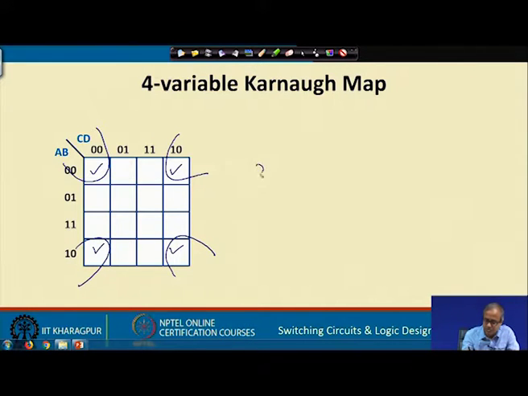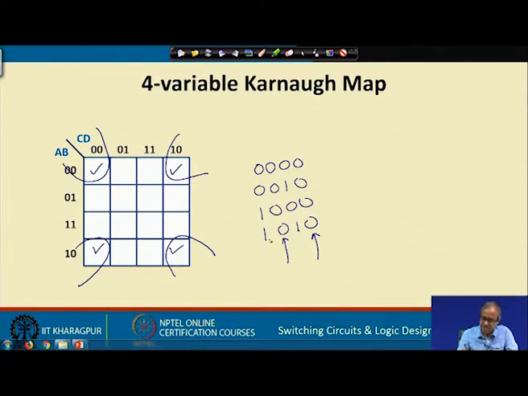This cell corresponds to 0 0 0 0, this cell corresponds to 0 0 1 0, the left one corresponds to 1 0 0 0 and this one is 1 0 1 0. You see, the last variable is always 0, the second variable is always 0, the first and third are changing. So, first and third will cancel out and this will be equivalent to B bar D bar, right.